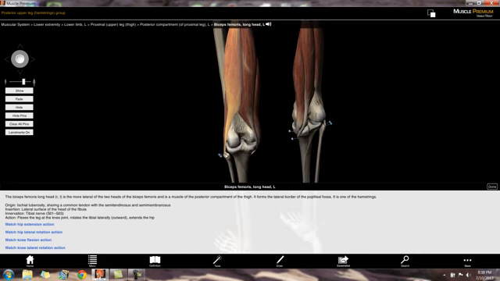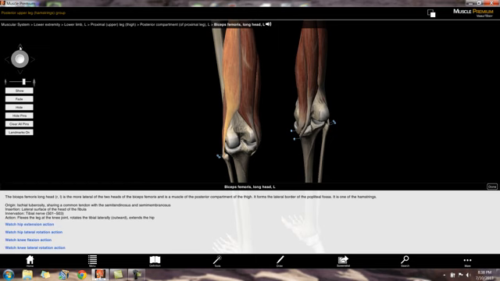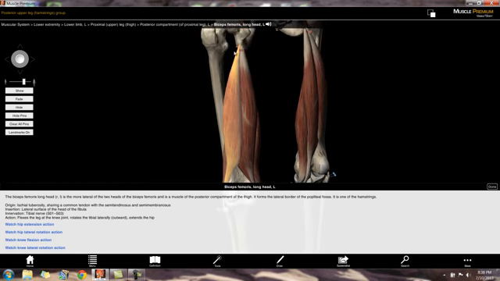So it comes down and actually has an attachment into the fibular head. There is a long head and a short head of the biceps, but we're only concerned with the hip and the long head. So this is our muscle that is responsible for hip extension and actually laterally rotates the tibia.